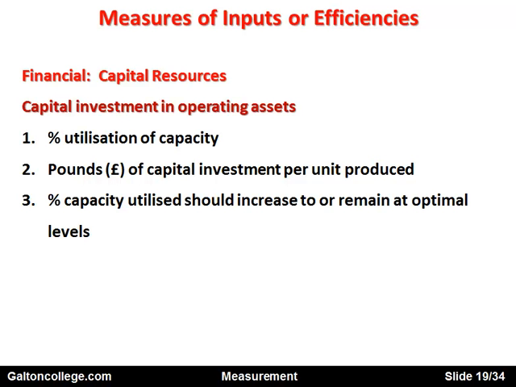The percentage capital utilized should increase to or remain at optimal levels. So capacity utilization should increase or remain at optimal levels if it's already there. So why should capital utilized increase?